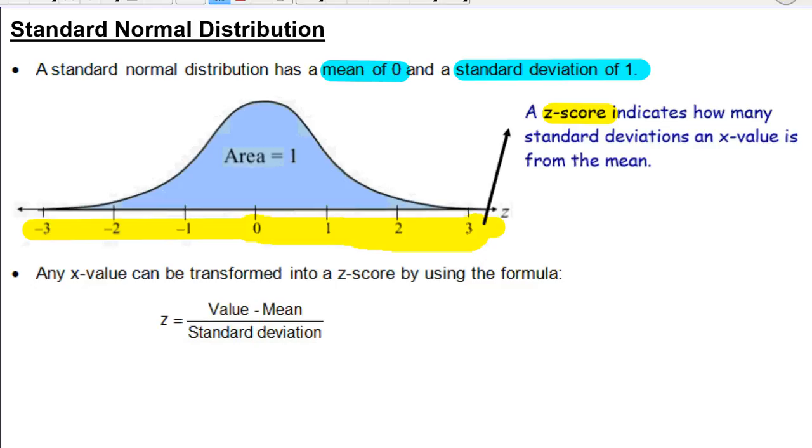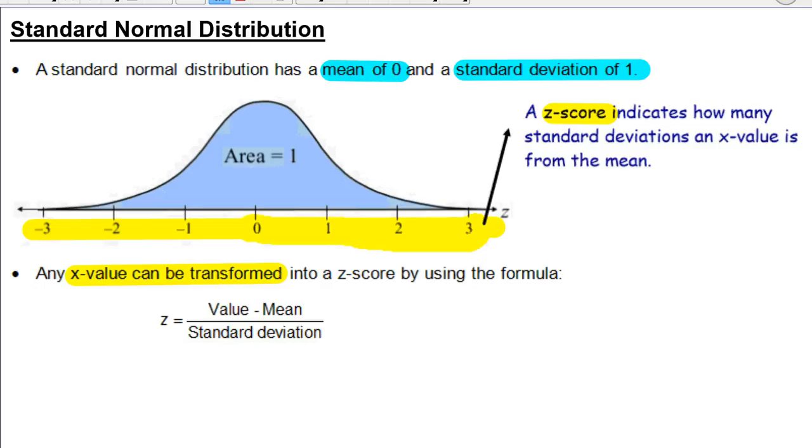Basically, you have a normal curve that has been transformed to a standard normal distribution. When you transform that, the x values change to z-scores, and the z-scores indicate how many standard deviations an x value is from the mean, and I'll show you that later on.